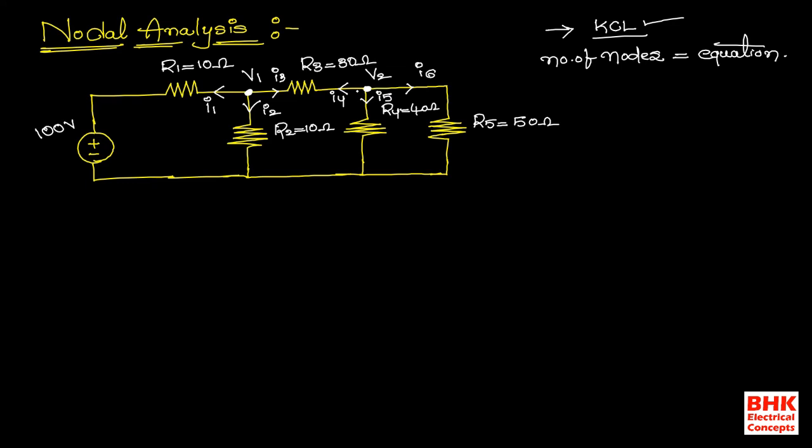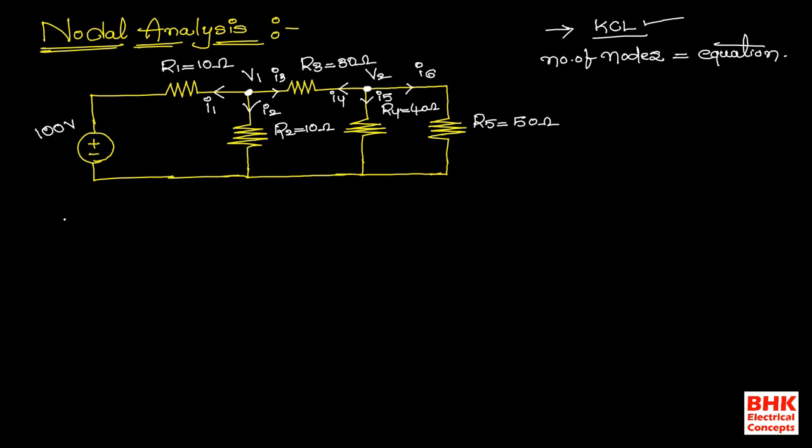Before applying nodal analysis to this circuit, I am going to draw separate diagrams for node 1 and node 2, because if you are good at network separation, you can easily apply KCL and get the expressions for node 1 and node 2.